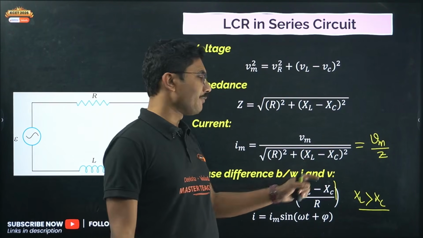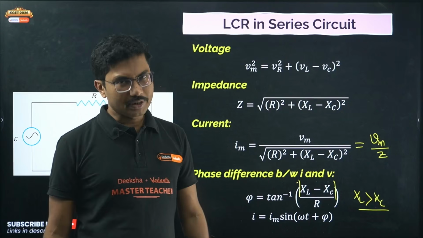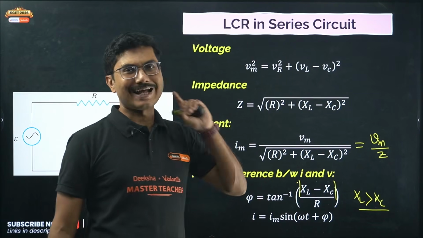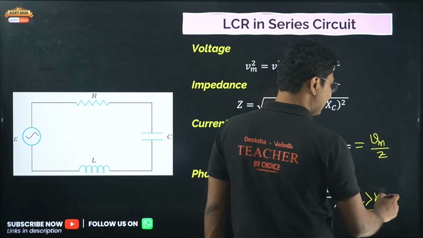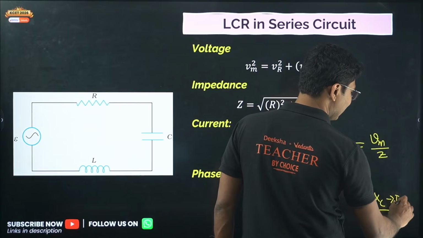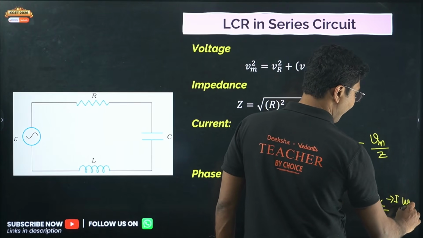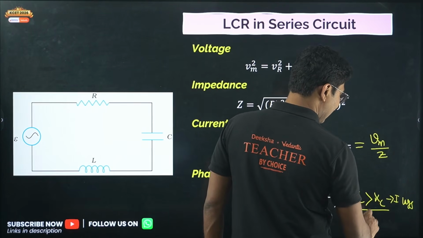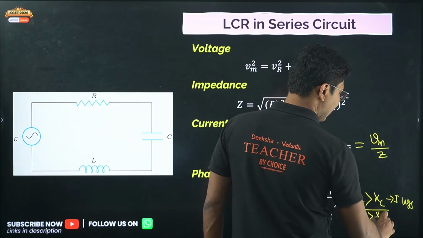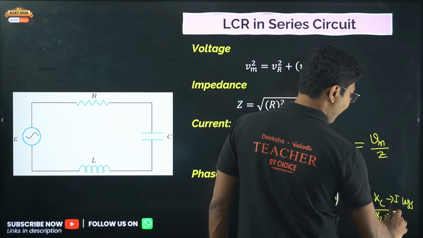No matter if it is positive or negative, you take the positive value. The only difference is that if XL is greater than XC, current lags, and if XC is greater than XL, current leads.